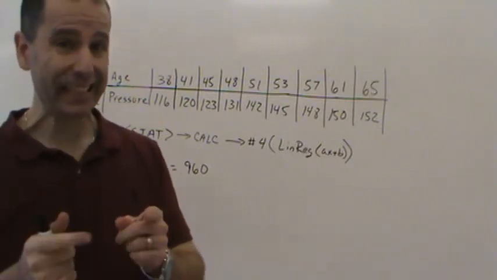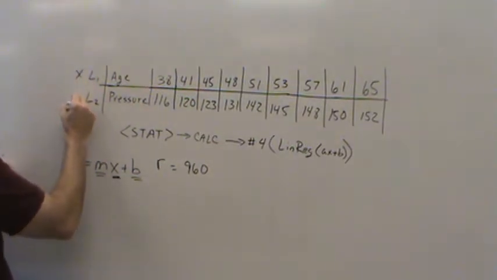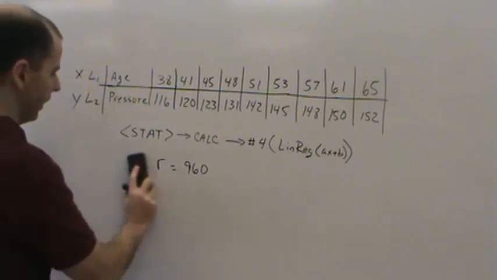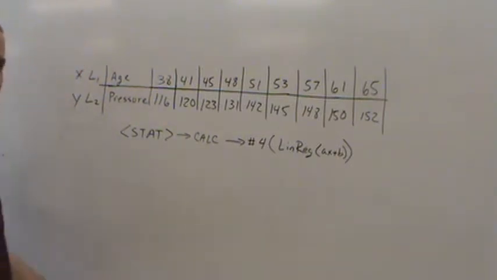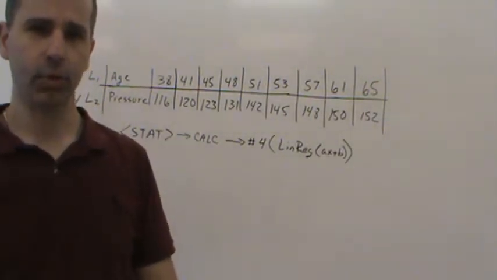So in this case, age would be our x variable, and pressure would be our y variable. So age is the independent variable, and blood pressure is the dependent variable. Why do I say that? Because it's going to be important later on, not for correlation coefficients, but later on when we get to regression.